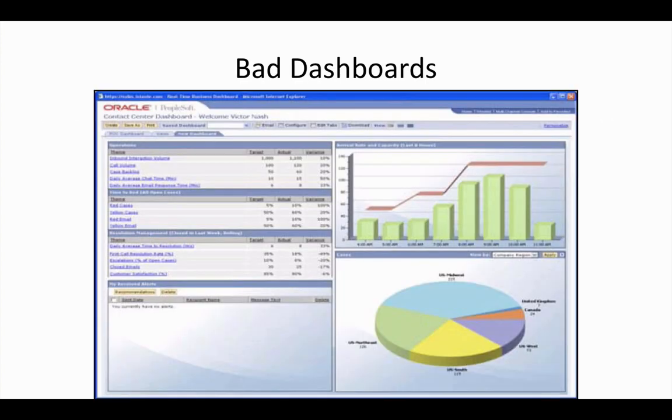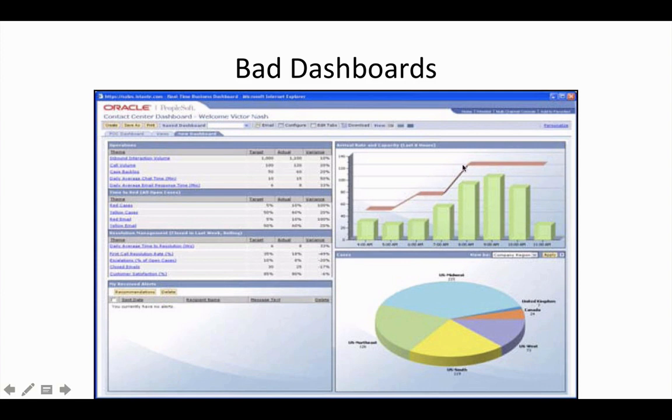So here's the first one. I'll let you pause the video if you need to. Sorry for the quality of the image. This is the best of the image that I could find. The key thing here is that there's a lot of space used by something like a 3D pie chart, right?